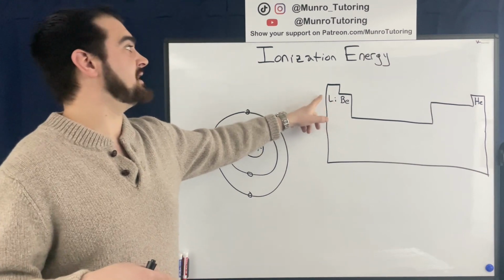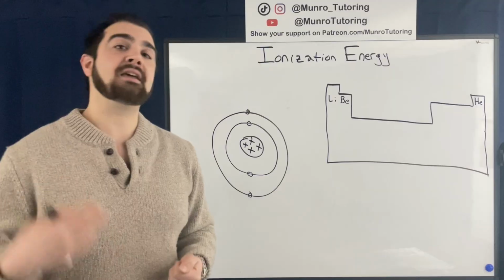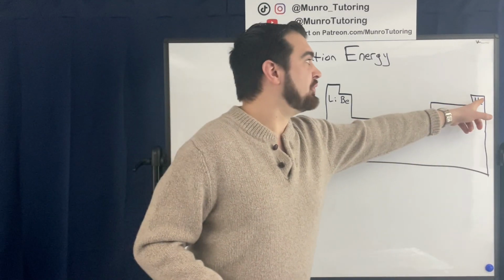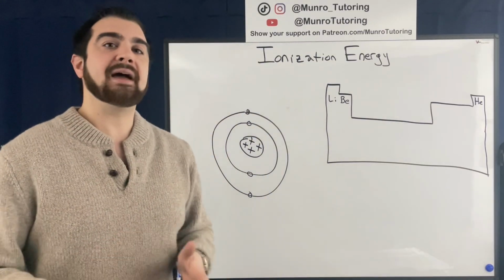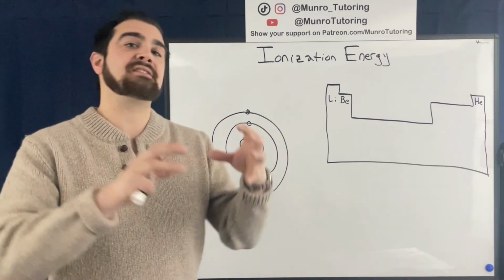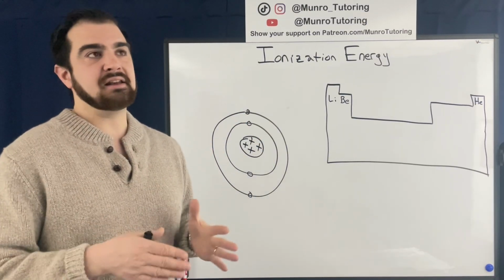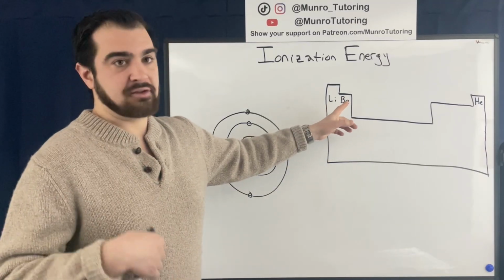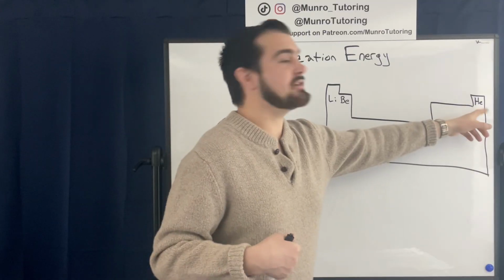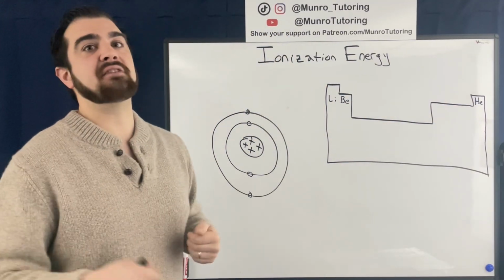So, going to the left here, that puts us up over here. And so that is going to be a higher value. But then as we try to remove one more electron, we are now messing up the stable core noble gas configuration. And so the difference in energy from the first ionization energy to the second, and then the second to the third, is going to be even higher.